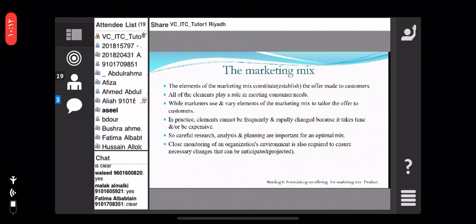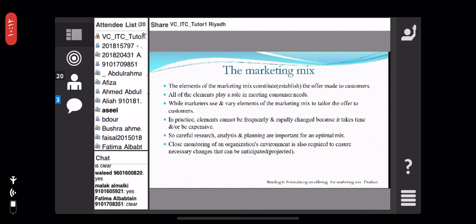Change is not easy. So careful research, analysis, and planning are important for an optimal mix. For example, you can monitor, so that you can see what's going on around you, around the market.